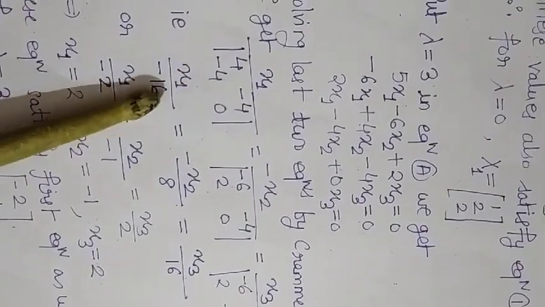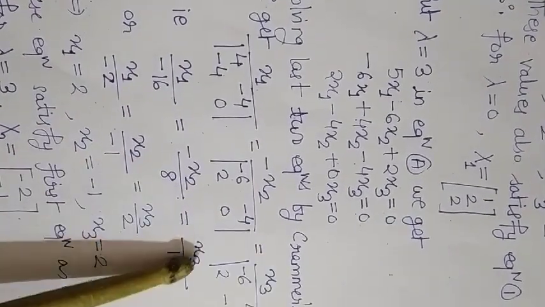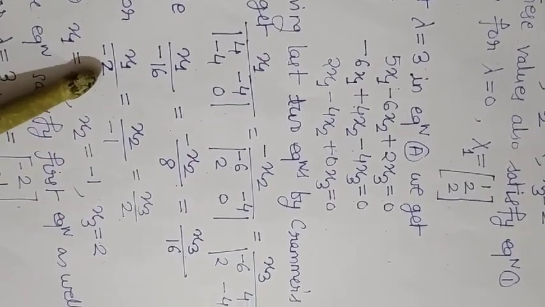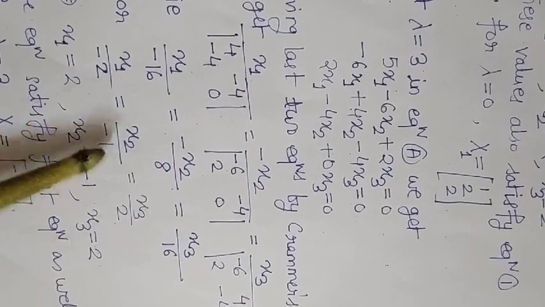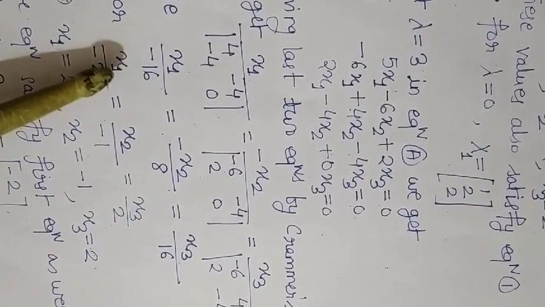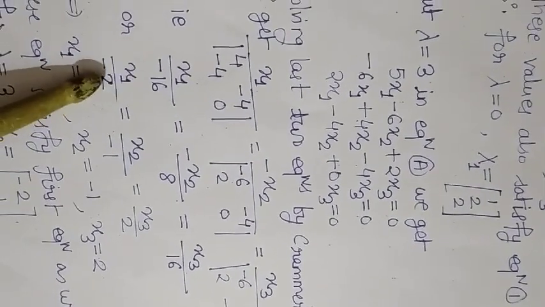Simplify, so x1 upon minus 16 equal to minus x2 upon 8 equal to x3 upon 16. 8 comes common, cancel out, so x1 upon minus 2, x2 upon it becomes minus 1, equal to x3 by 2. As these are proportions, whatever will be the value of numerator, same will be for the denominator.